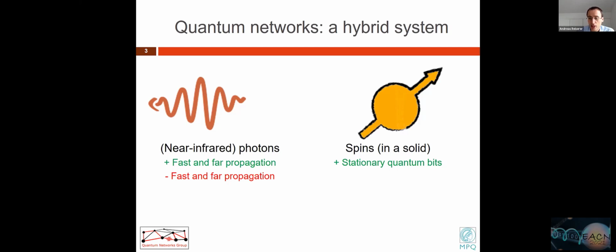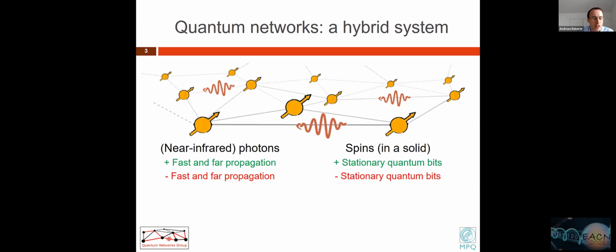This is an advantage if you want to keep and manipulate quantum states. It's a disadvantage if you want to connect them over distance, because these spins are really stationary quantum systems, well isolated not only from the environment but also from interactions with one another. The idea of a quantum network is to combine the physical advantages of both of these systems in order to have stationary quantum bits that are connected in a fast way by light.